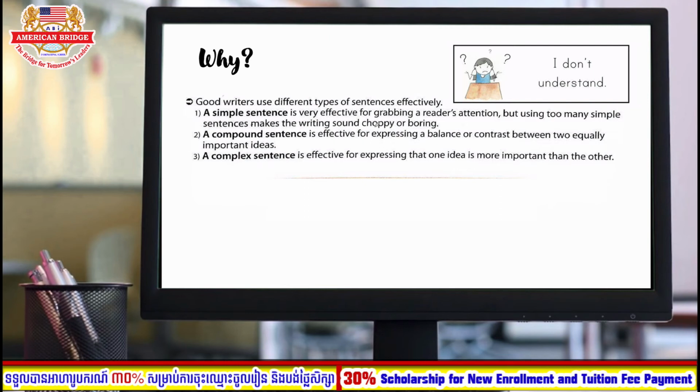So use the different types of sentences effectively. And one major point to use different types of sentences is to make your writing more interesting. Your writing has variety, so it will be interesting for the reader to read. Alright, so these are the reasons why you should learn different types of sentences.